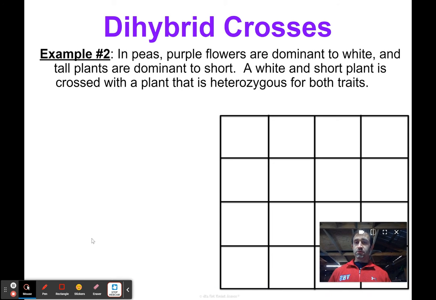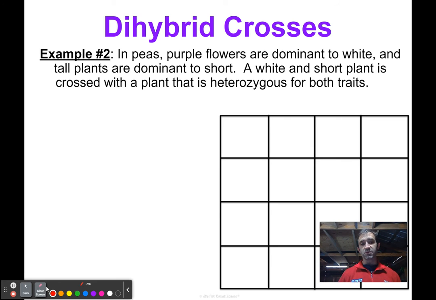Okay. So this will give us an opportunity for the full method again. All right. In peas, purple flowers are dominant to white. Okay. And tall plants are dominant to short. A white short plant is crossed with a plant that is heterozygous for both traits.